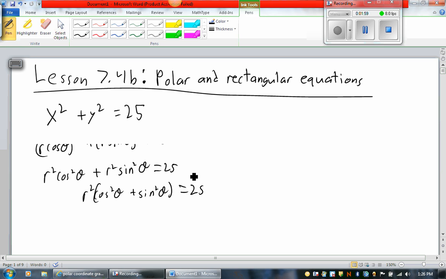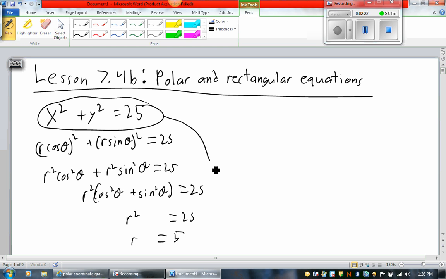Now we're just going to remember our trig identities. Cosine squared plus sine squared is the Pythagorean identity. That's just 1, so I'm left with r squared equals 25. Take the square root of both sides, and r equals 5. And that is actually our ending equation. So we took this, which was rectangular form, plugged in, and we got our polar form of the equation.